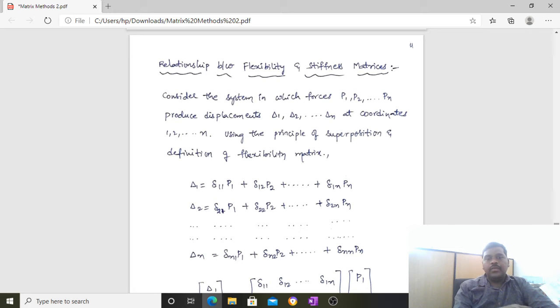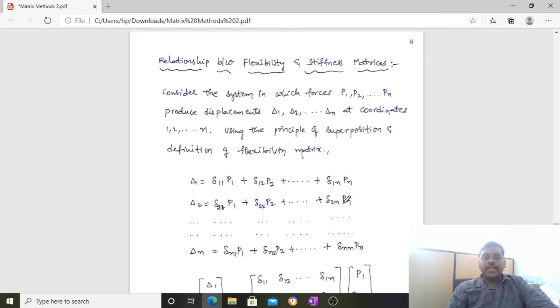So how? If you write the given matrix as an equation, this is what we observe. Delta 1 is equal to delta 11 P1 plus delta 12 P2 and so on, plus delta 1n Pn. Similarly, delta n is equal to delta n1 P1 and so on. So the displacement is the summation of all these terms, as discussed just now in the video.